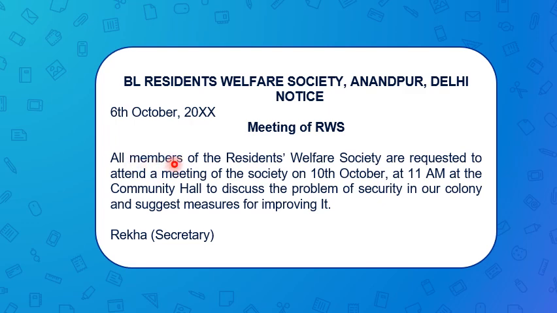Who are the target readers? It's the members of the Residents Welfare Society. Meeting details: 10th October, time 11 a.m., venue Community Hall, and the agenda is the problem of security in the colony. And the issuing authority here is Rekha, she's the secretary.